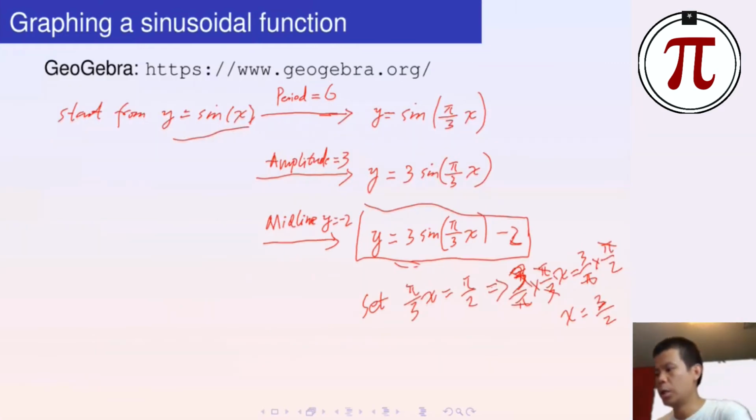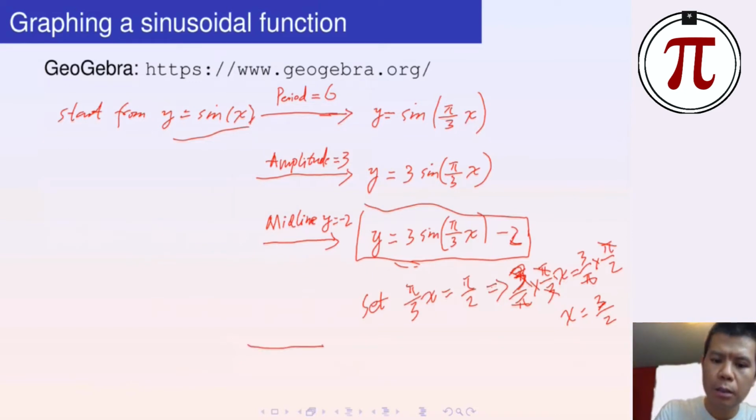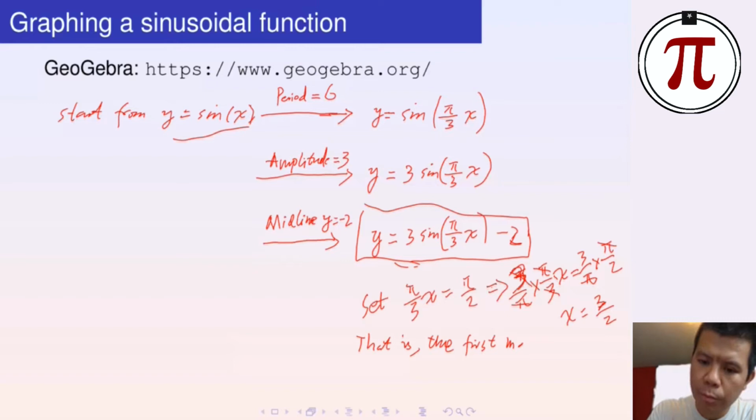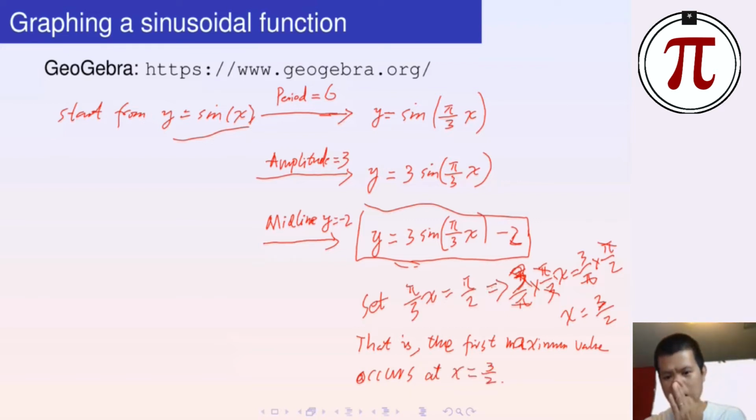Now, here is what we want to argue. The first maximum value occurs at x equals 3 over 2.